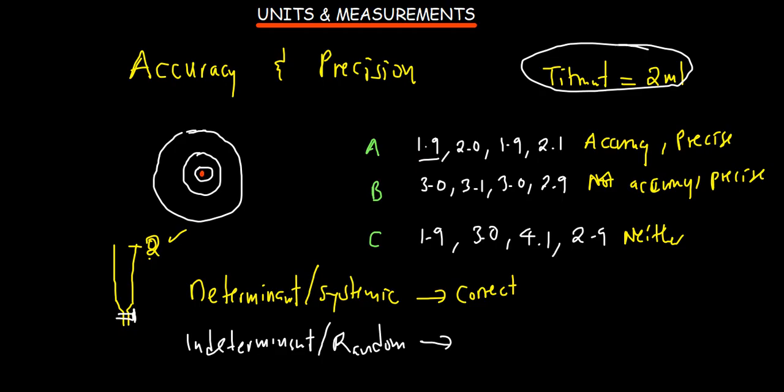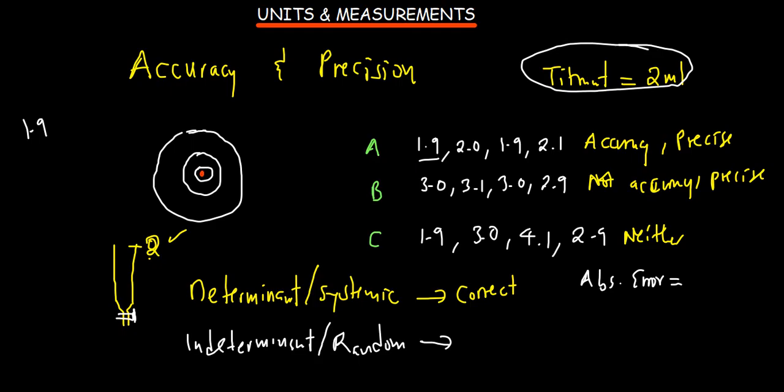So these errors, you can express them as a percentage. Let's say I have found a value of 1.9, but the true value is 2. There is what we call the absolute error, and there is also the relative error.